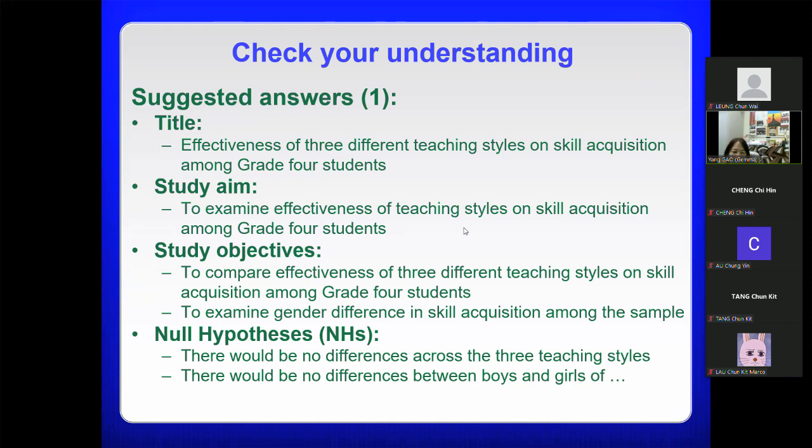Based on the 2 study objectives, here are the 2 corresponding null hypotheses. One is there would be no difference across the 3 teaching styles, which echoes the first objective. For the second objective, the null hypothesis is there would be no differences between boys and girls.